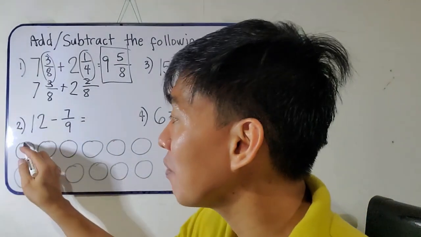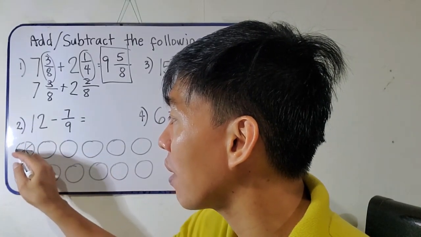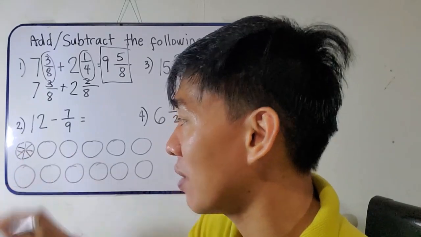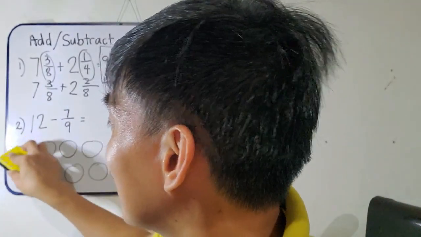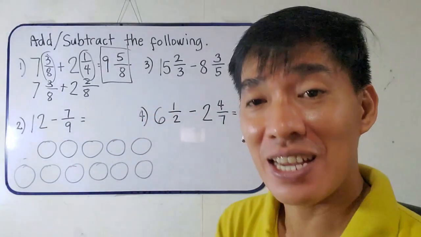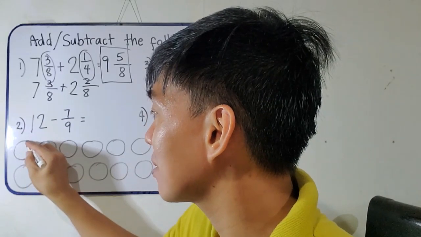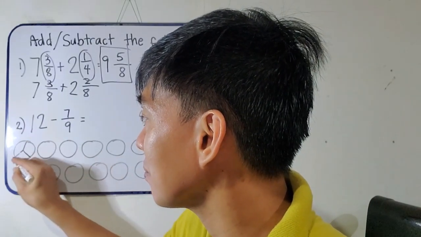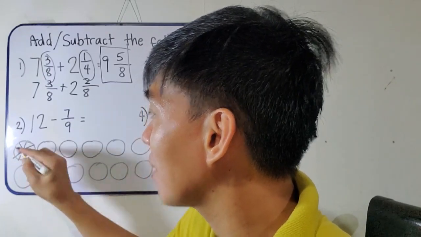For example, if this one whole is divided into approximately 9 equal parts, so that's 3, 6, and 9 equal parts.